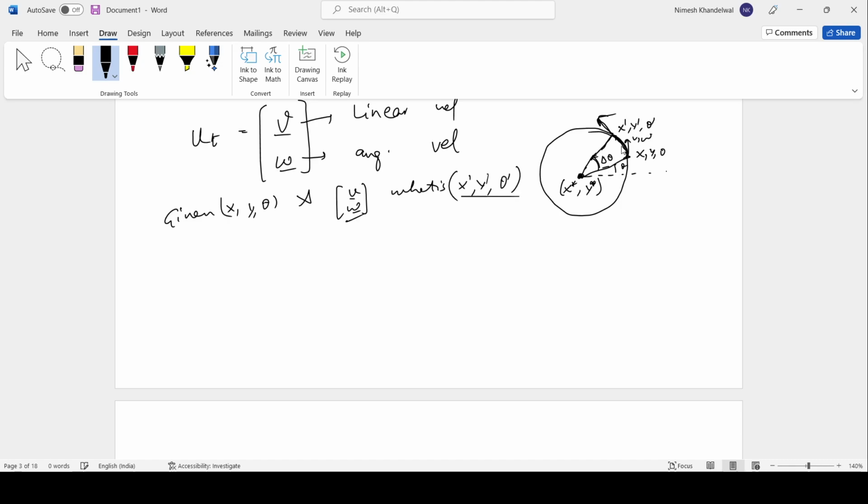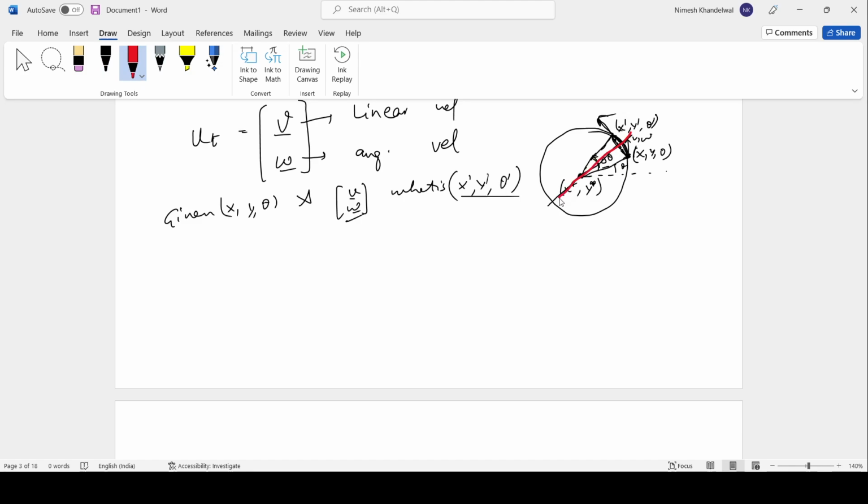You can calculate it on your own. Basically, you have your x, y, and theta. You have these coordinates, and then you make a line perpendicular to the line joining x, y, theta and x prime, y prime, theta prime. These two lines, I'll draw in red.